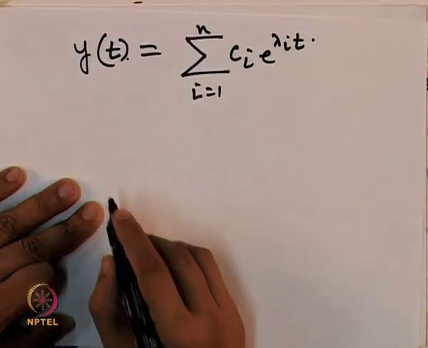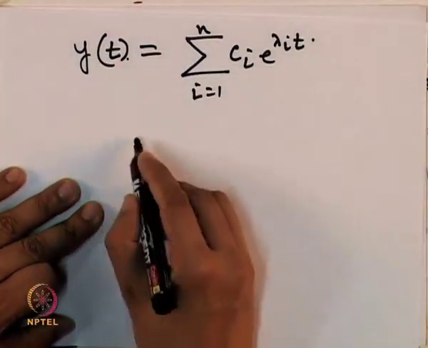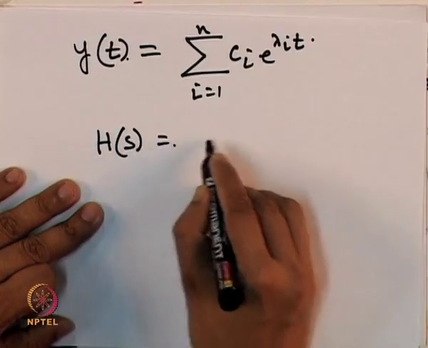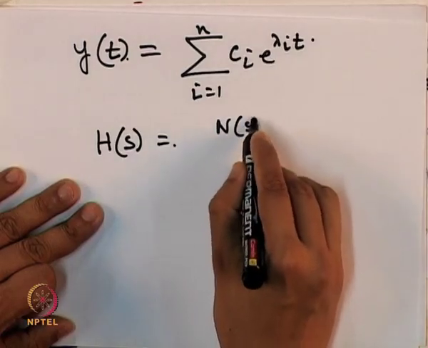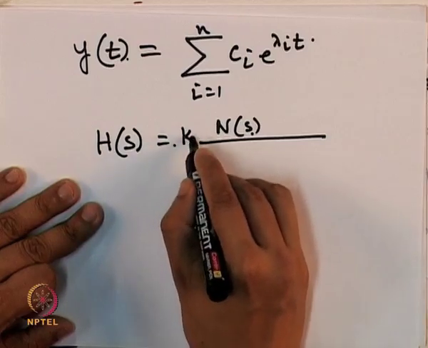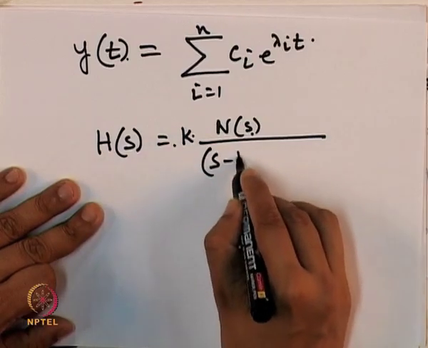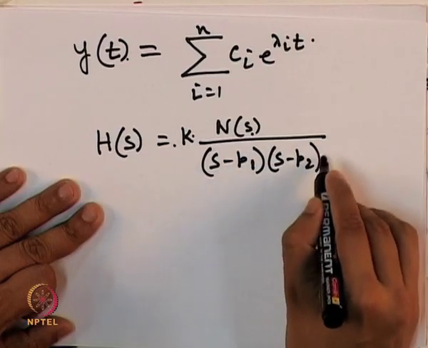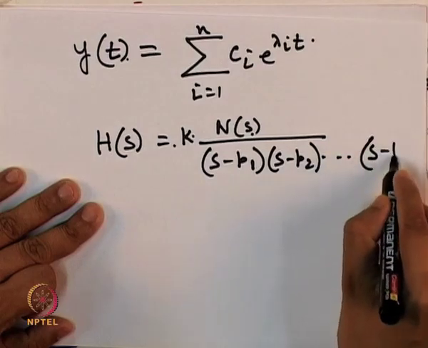This follows because we know that H(s) is given by N(s) upon the denominator polynomial, say the constant times (s minus p1)(s minus p2) till (s minus pn).